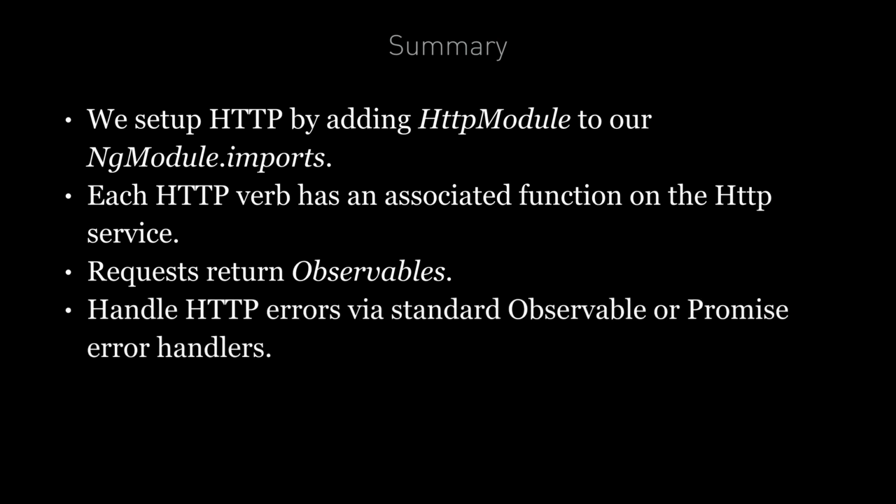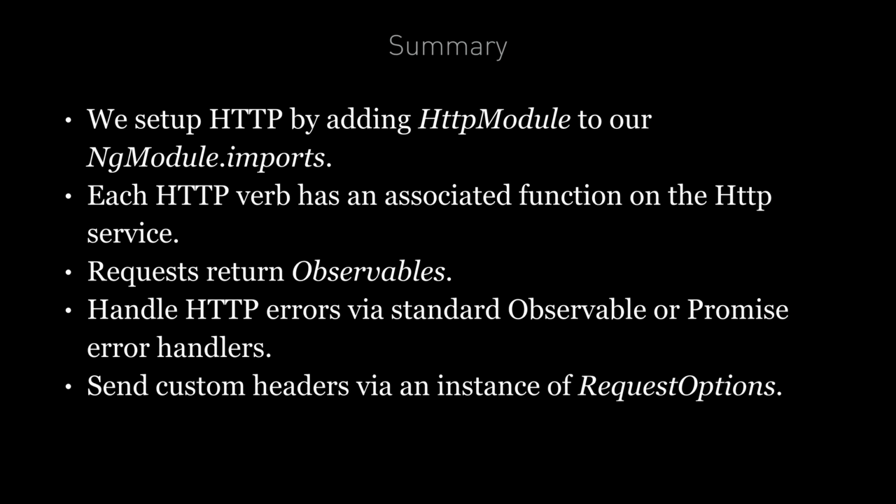We can handle errors using the typical observable or promise error handlers. And we can send custom headers alongside our request by passing in an appropriately configured request options object. This lecture covered the basics of using the HTTP client library. In the next lecture, we'll go through a specific example using promises.